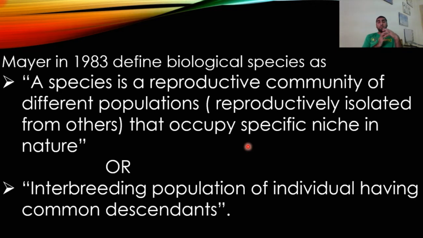They reproduce, but they are reproductively isolated from others, and they occupy a specific niche in nature. Niche means the habitat; simply you can say the address and the profession of an organism is called its niche in nature, or you can say interbreeding populations of individuals having common descendants.